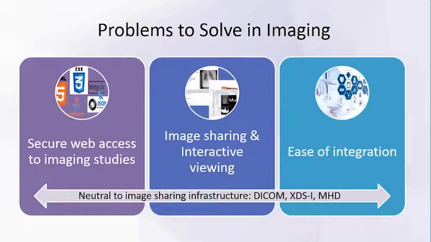So what we're trying to solve is general imaging access. The basic common thing is we need to have secure web access to imaging studies. There are many imaging sources that generate images, whether it's a PACS or stored in a VNA. Those are not islands. We need to connect them.